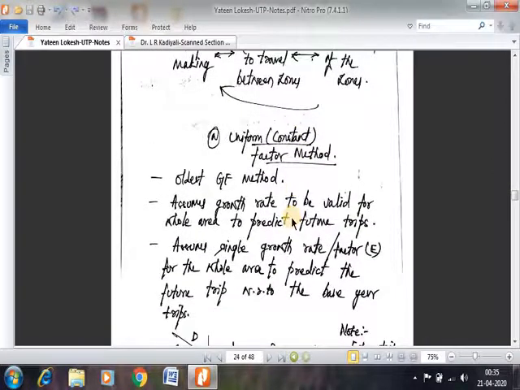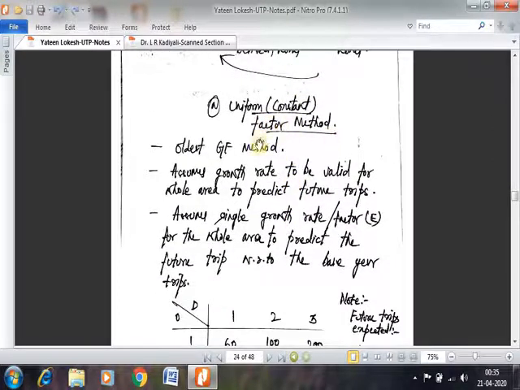The uniform factor or constant factor method is considered the oldest growth factor method, and we assume that the growth rate will be valid for the whole area to predict future trips. It means that if there is some growth rate happening within some part of the region, then it is expected to be constant among every single zone or subzone in the studied area.